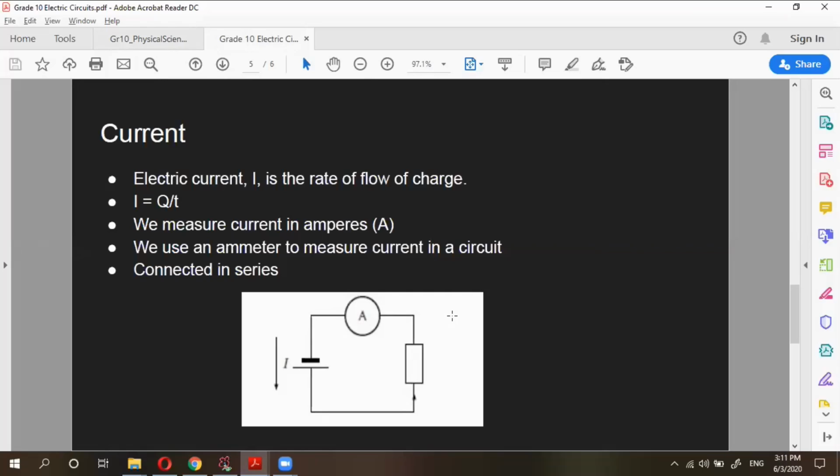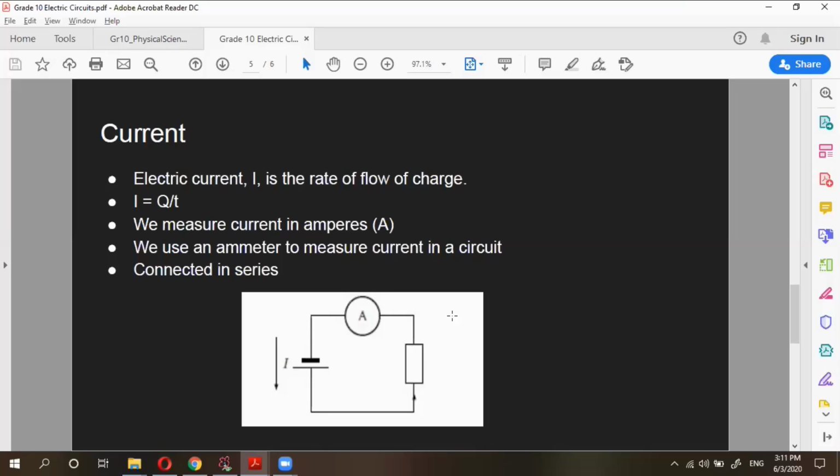Remember, in a circuit, to measure current, charge is flowing in that circuit, because that's what current is. It's the flow of charge. But in order to calculate how much current is in the circuit, we need to see how much charge passes through that section of the wire per unit time.